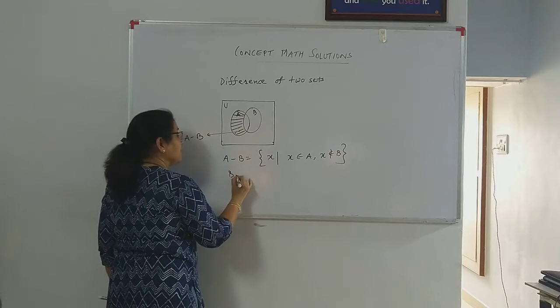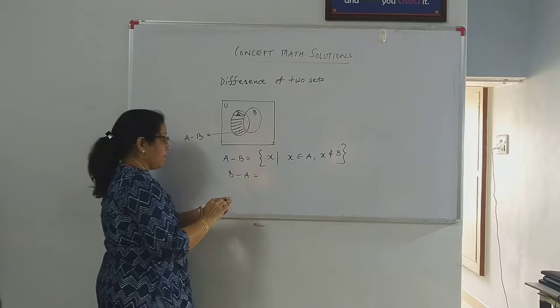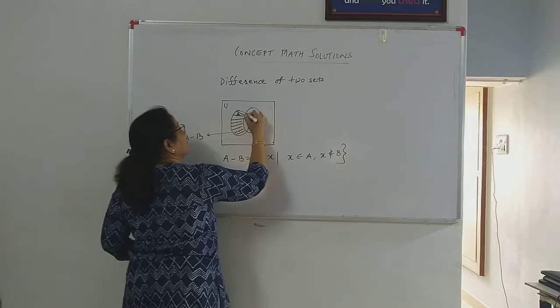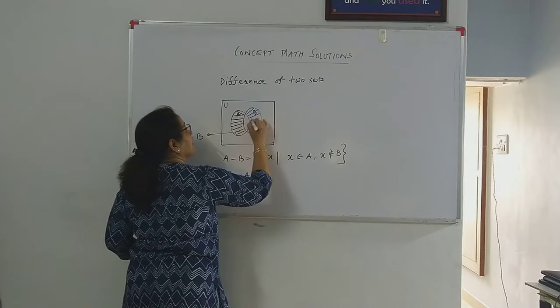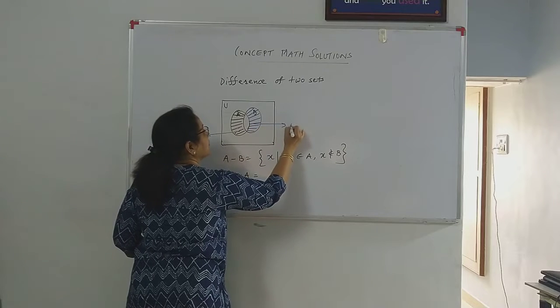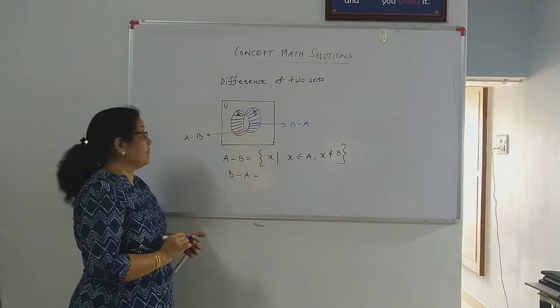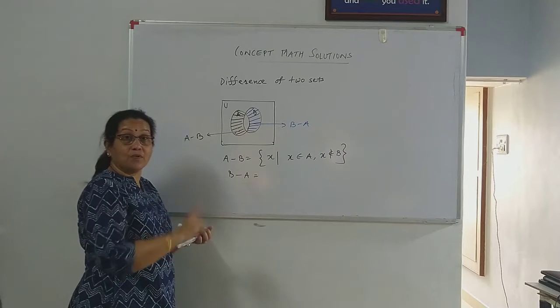If I have to find B minus A, that is A removed from B. So if I shade B minus A, it would be this blue shaded area. This would be B minus A. That's the difference between two sets. And you observe that the difference between two sets is not commutative.